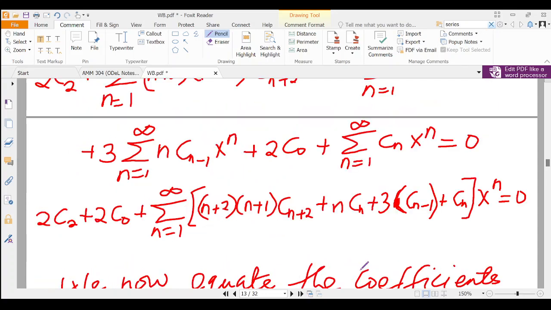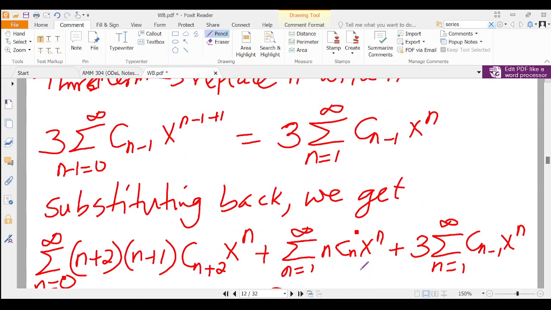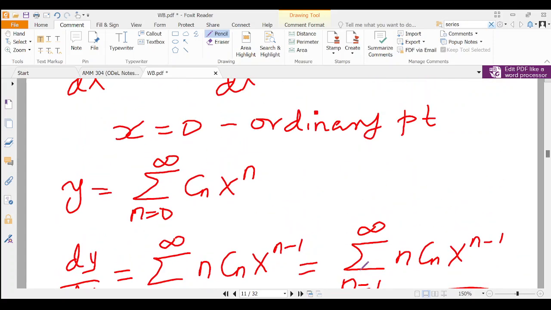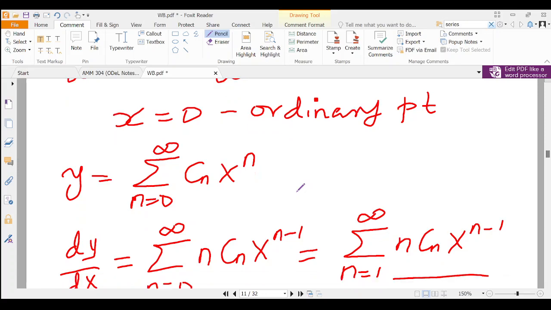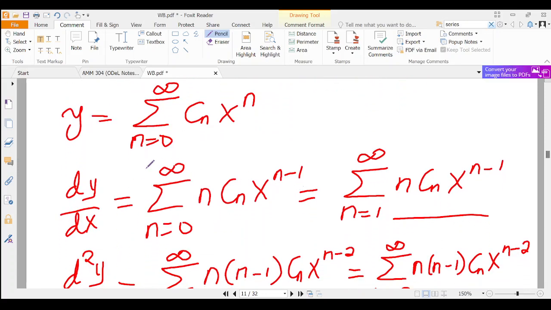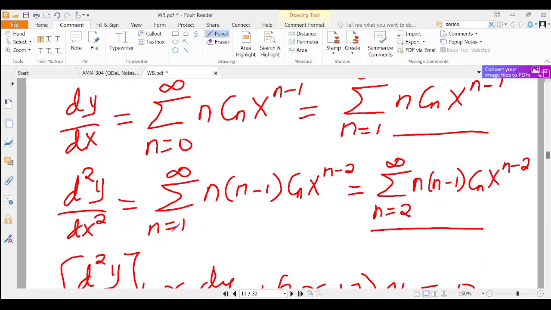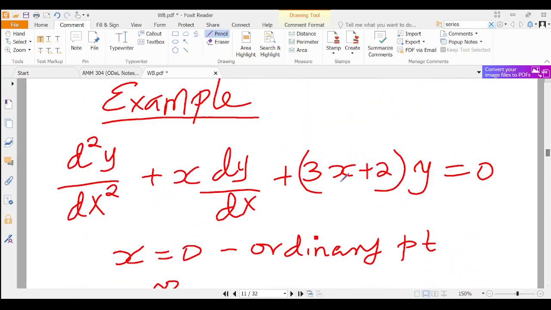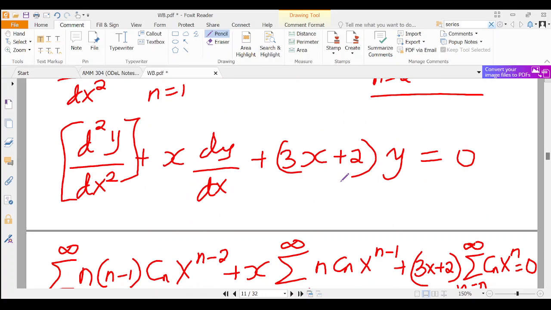First, once you identify that a point such as 0 is an ordinary point, then you write a solution to be of this form. Differentiate that, the first derivative and the second derivative, then substitute back into the given differential equation.